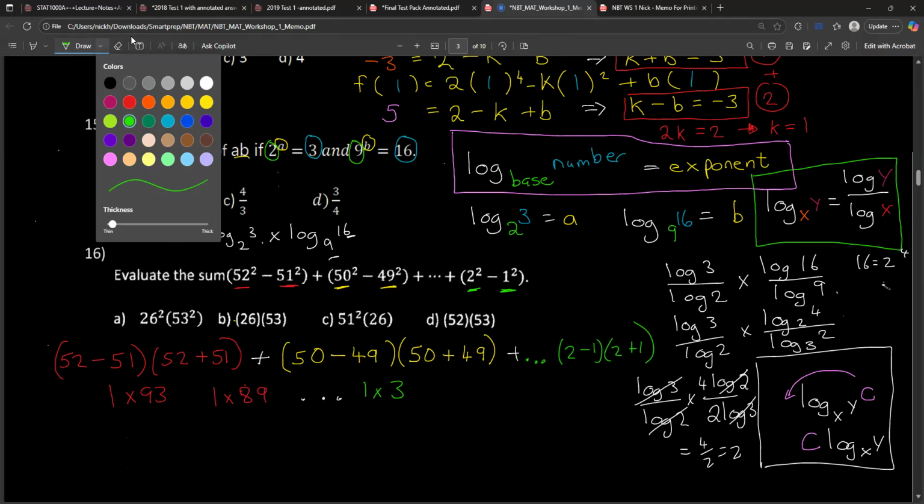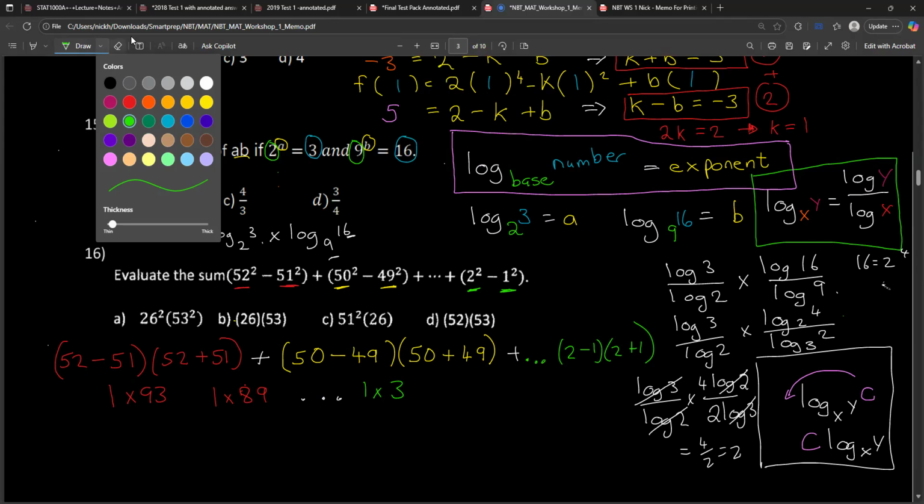Okay, if I was to carry this on, it goes 52, 50, so the next one would be 48, right? And then 48 plus 47 would be 95.